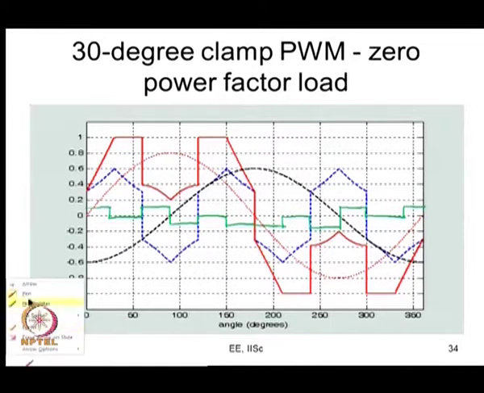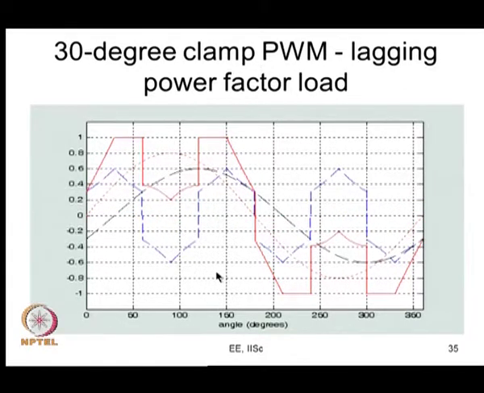So, you look at this waveform now, you look at this is plus V error, 0, plus V error, minus V error, 0, here it is minus V error, 0, minus V error, plus V error, 0, and minus V error, those are the values. This waveform is very different from the previous waveforms you have seen. So, this shows that when you change from one PWM method to another PWM method, one bus clamping PWM method to another bus clamping PWM method, the waveform is going to change very significantly.